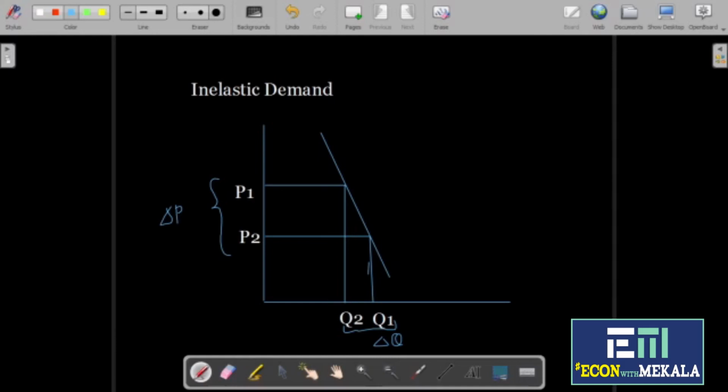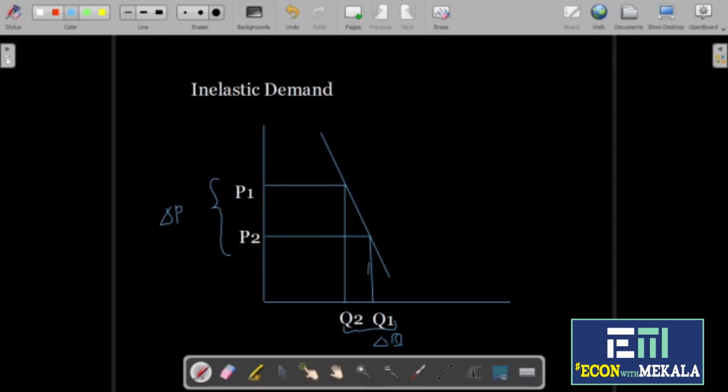The difference in price is greater than the difference in quantity demanded. That is why we receive a higher proportional change in price than proportional change in quantity. So the inelastic demand curve therefore has a steep slope.